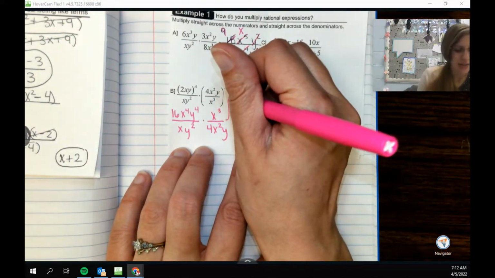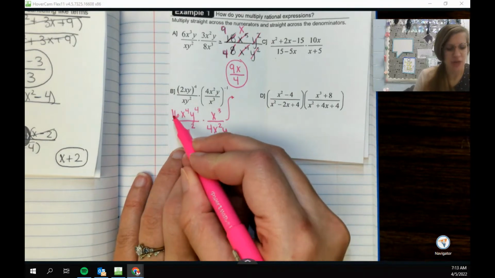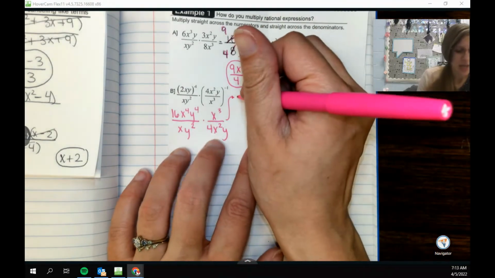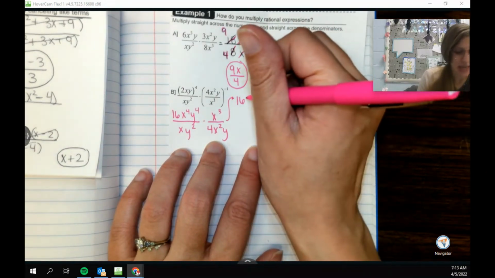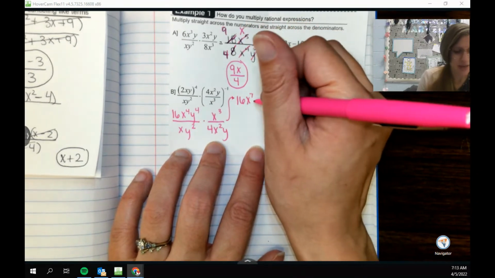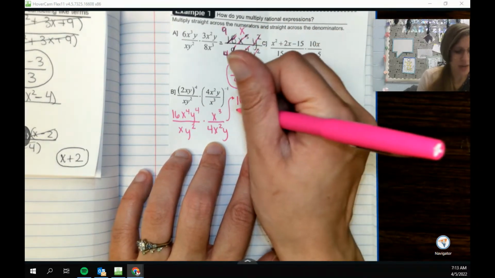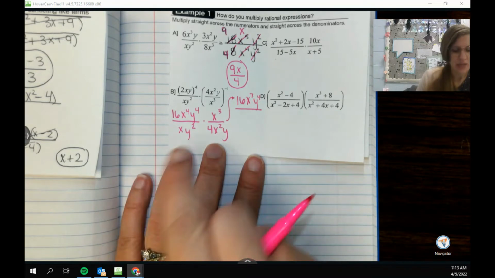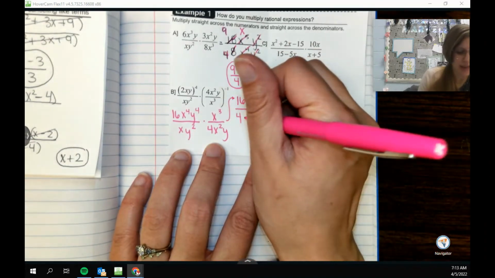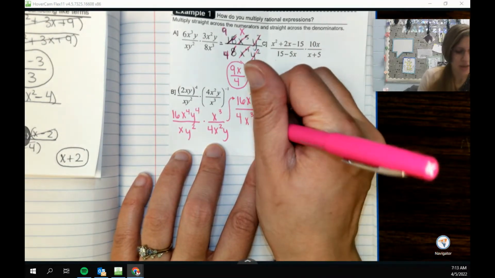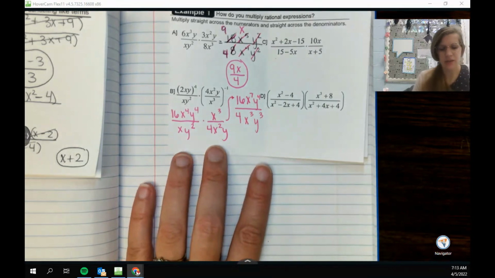And so now going up here, because we're multiplying, we can just multiply straight across. So the new numerator will be 16, x to the 7th, y to the 4th. The denominator will have 4, and then x to the 3rd, y to the 3rd.